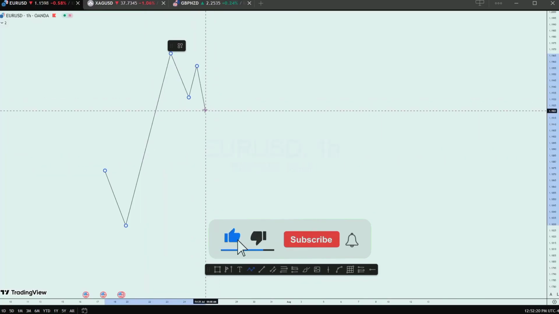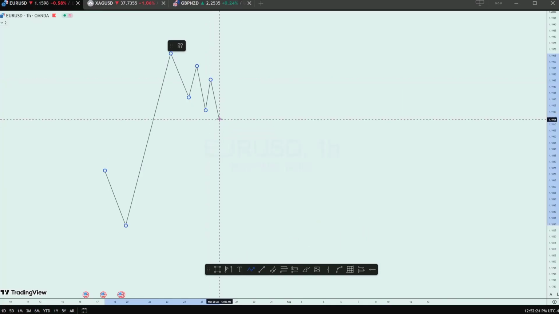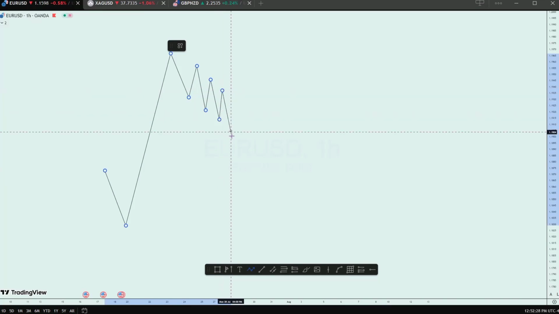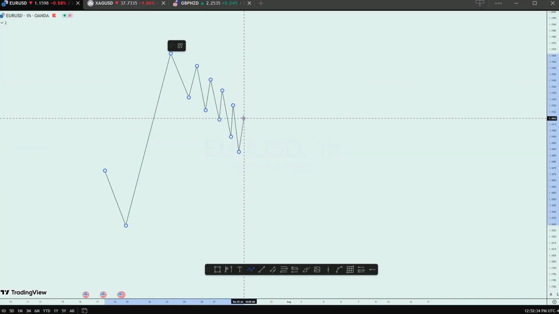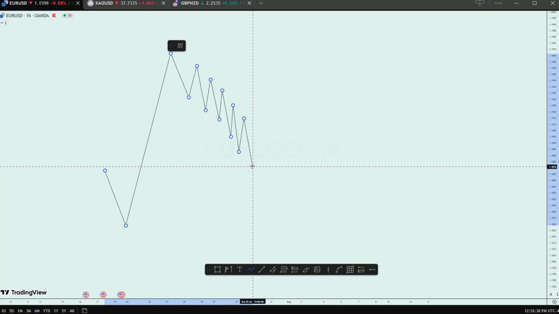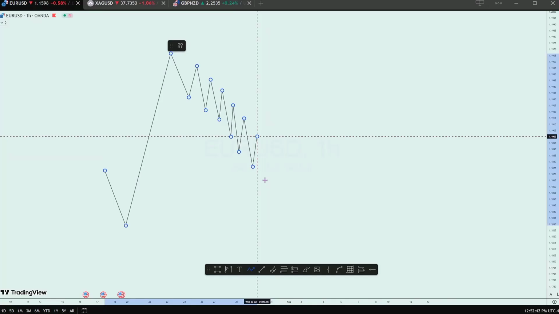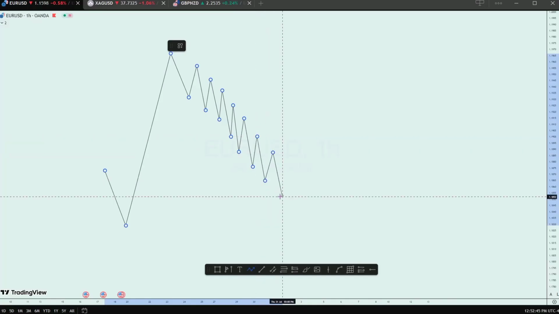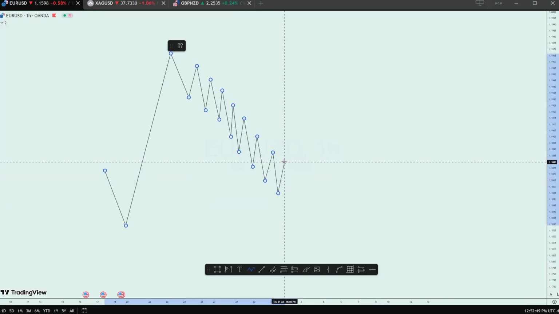Nothing is concerning us with this substructure because you're going to be focusing on your main swing structure, not this substructure.